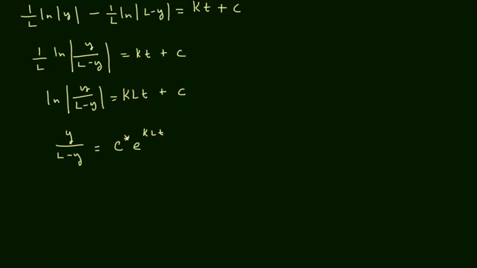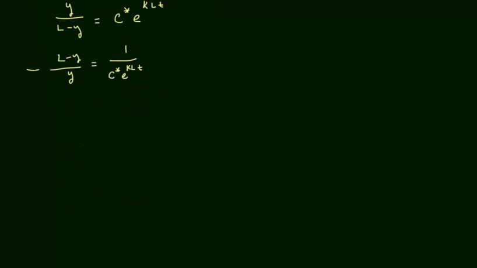A step that should be familiar from lesson 1. Next, I'm going to say that reciprocal equals reciprocal. So this is going to be 1 over C star e to the K L t. Break up this fraction into 2 separate with the y the common denominator.